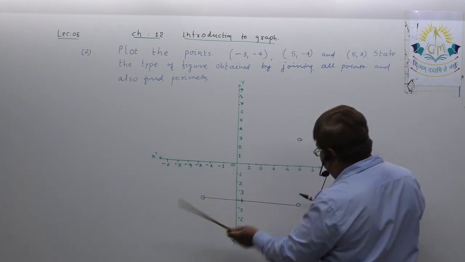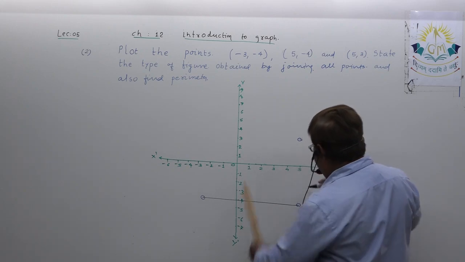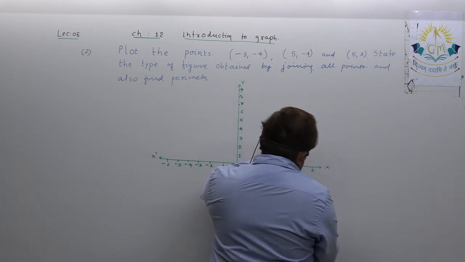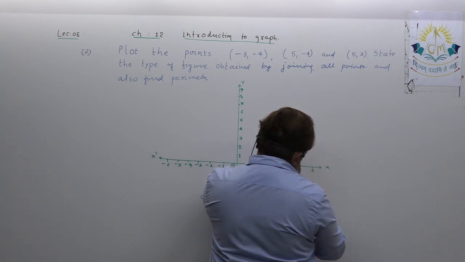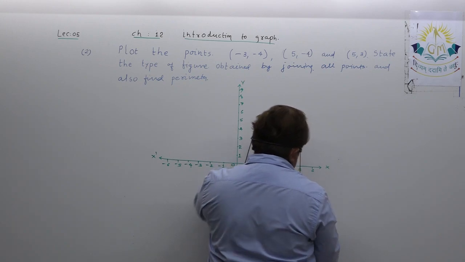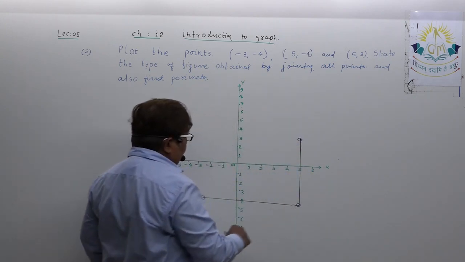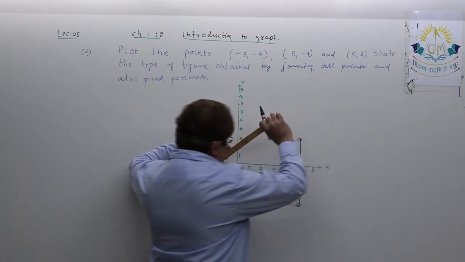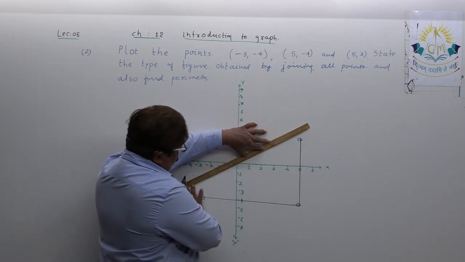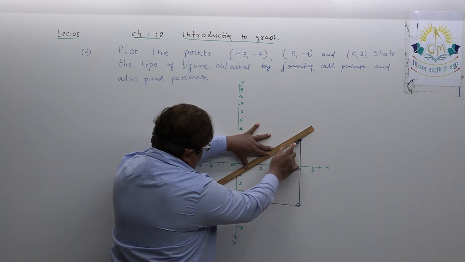Now, after joining this, join these 2 points in order. Then these are joined, and this third pair of points also needs to be joined. Join this also with a ruler.